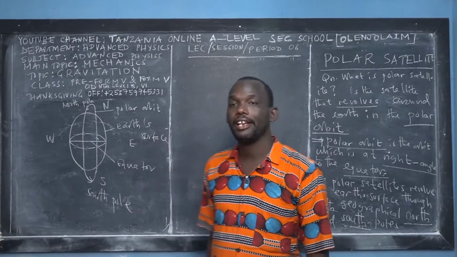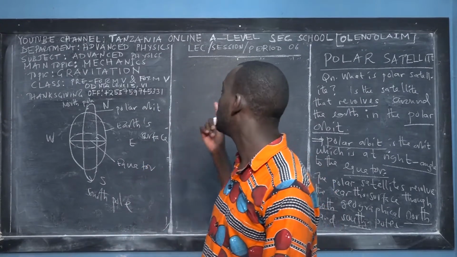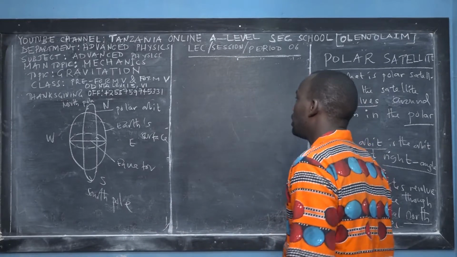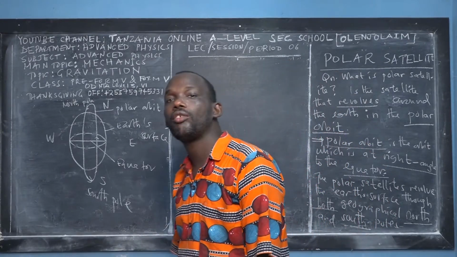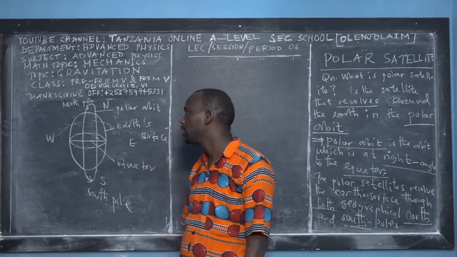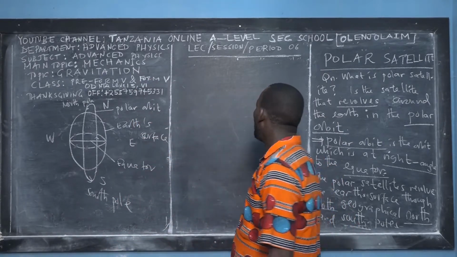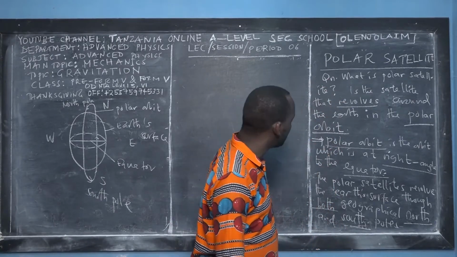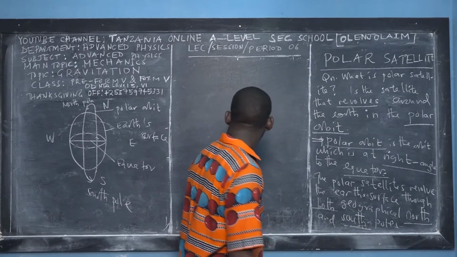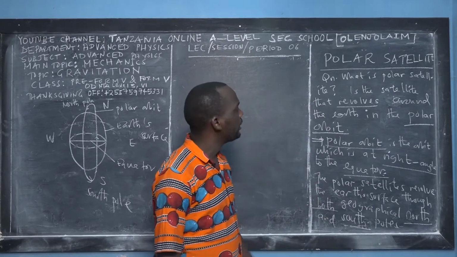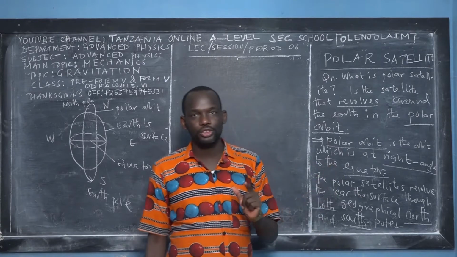Okay, so let us continue with our session or lecture or period 6 concerning the orbit of the artificial satellites. That's what we've been discussing from the beginning of this lecture. A few minutes ago, I was teaching about the polar satellites, and I told you that these satellites revolve around the Earth in the polar orbit.